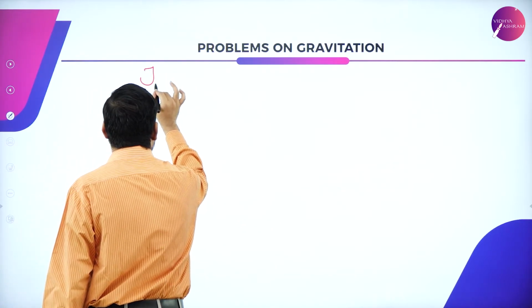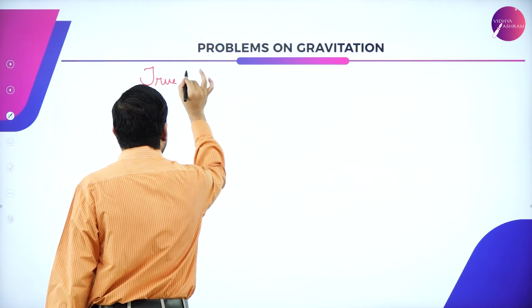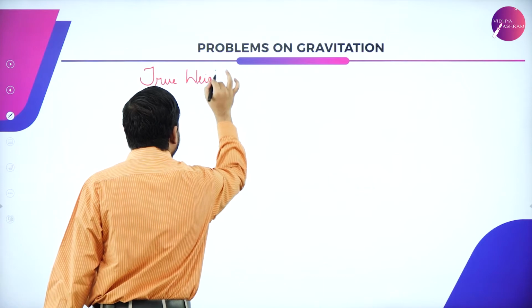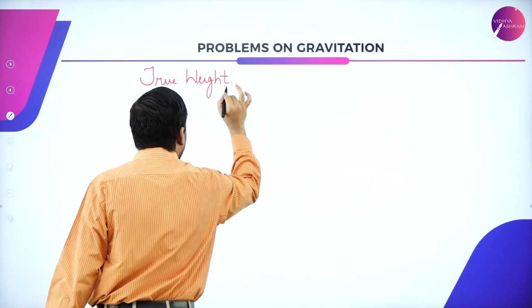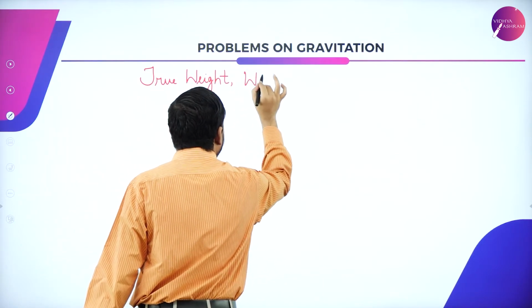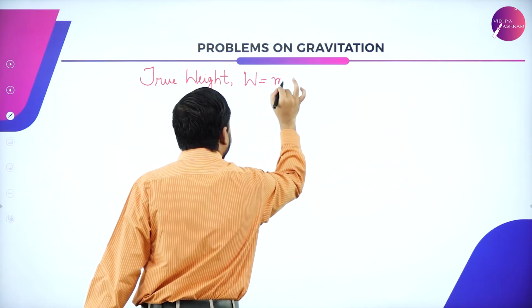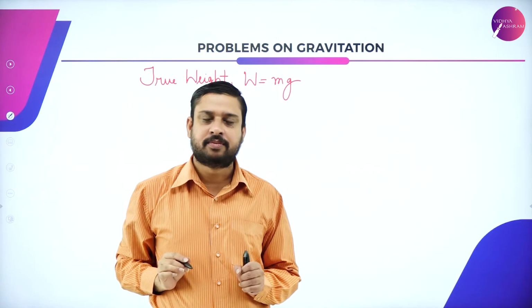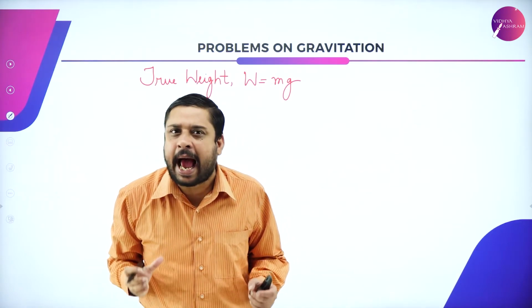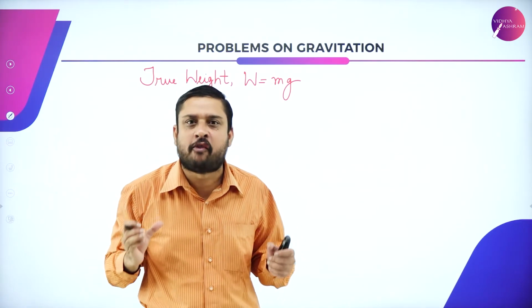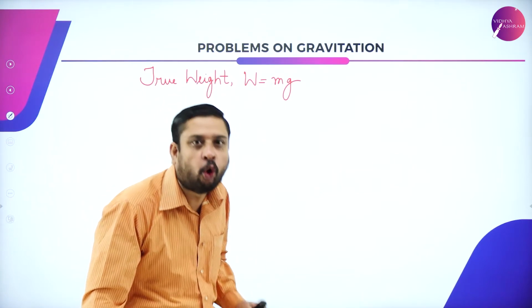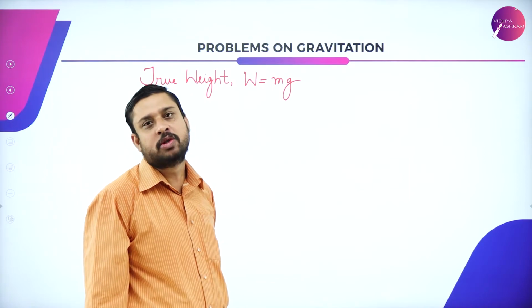Now we know that the true weight of a body, W equals M into G. We measure, no? Actual weight of a body, W is equal to M into G.